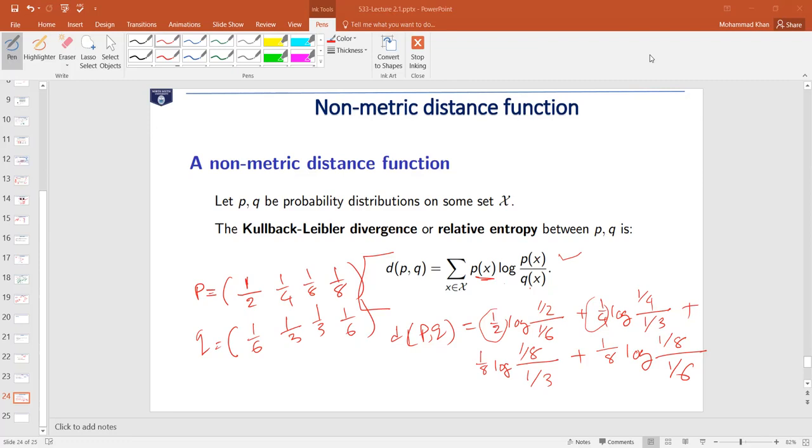Sajid Hussain, are you talking about the last slide, the KL divergence entropy? Yes, sir, 24th slide. Okay, so here we are trying to find distance between two probability distributions. For some data sets, we'll be able to define a probability distribution, especially for some generative models.